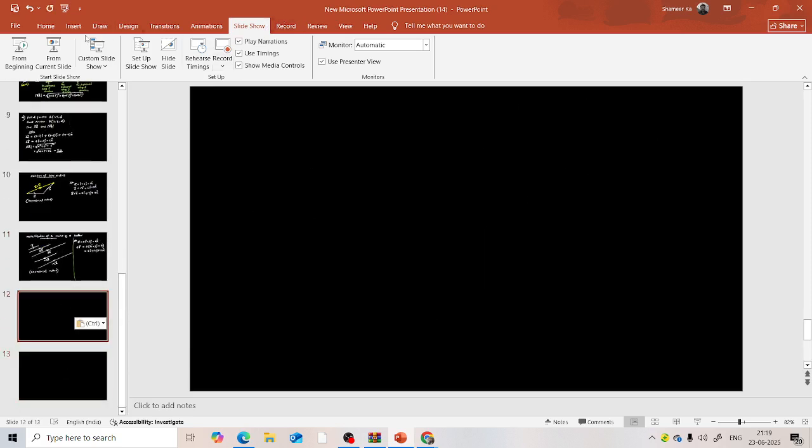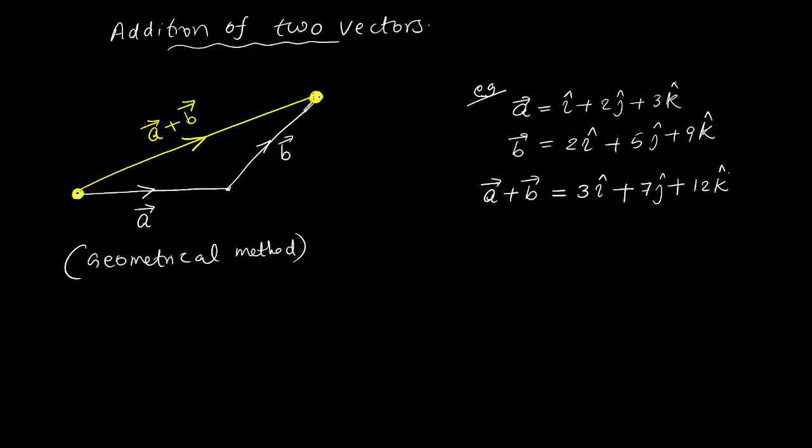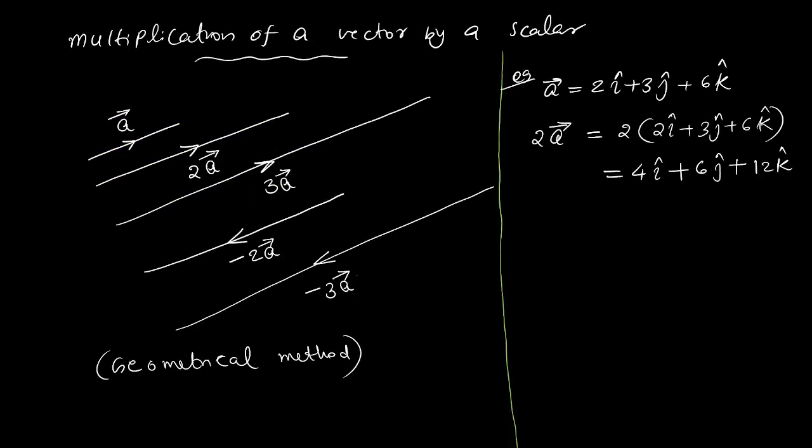So operations on vectors means addition, which I discussed, multiplication of a vector by a scalar, which I discussed, then subtraction of two vectors.